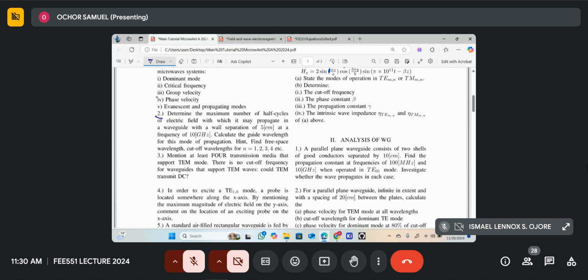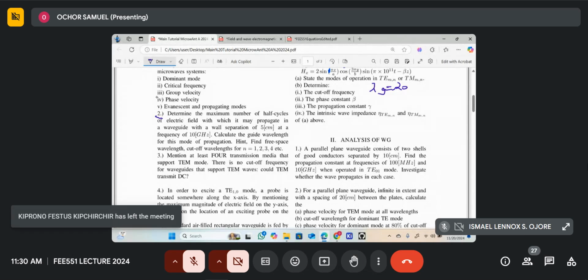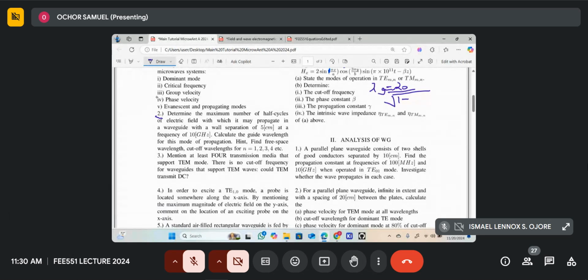I only know the formula for guide wavelength, which is the free space wavelength over the square root of 1 minus free space wavelength over cutoff wavelength, squared.